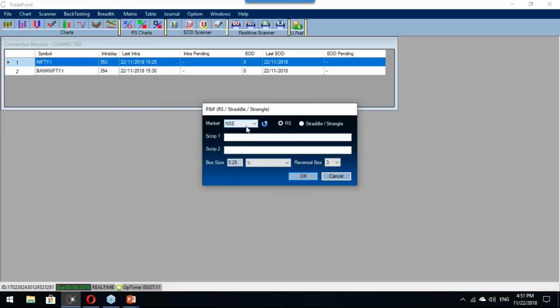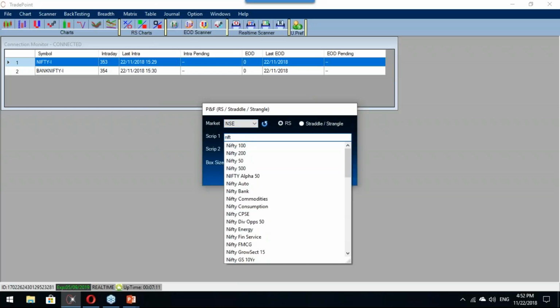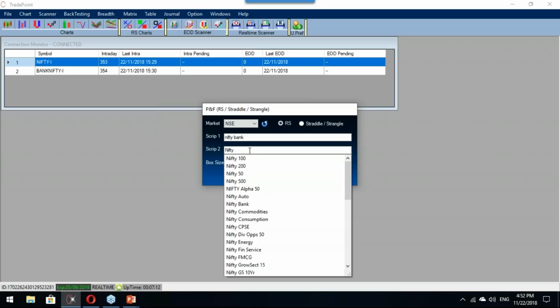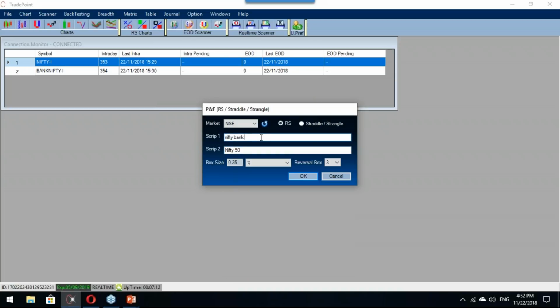I don't know how many of you guys, regular TradePoint users would have definitely used it, but people who are relatively new to TradePoint, I don't know how many of you have used the relative strength feature that's available, wherein the ratio line that we saw just now as a single simple line, we can plot the same line using the point and figure format.